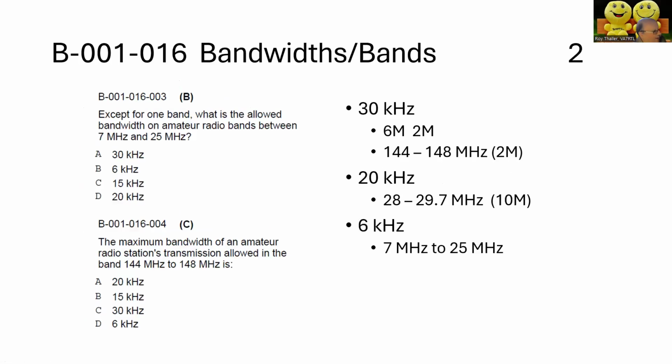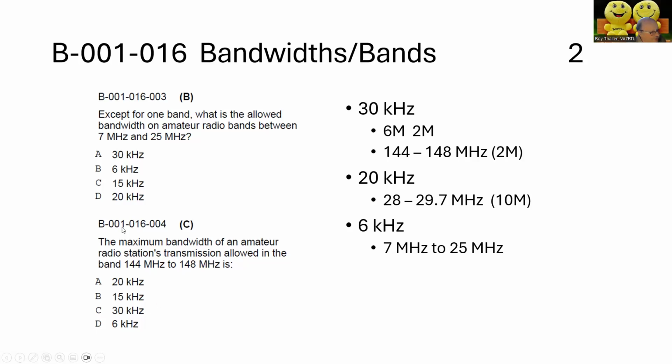In general, if you're going from 7 megahertz to 25 megahertz, the general bandwidth that you're allowed is 6 kilohertz, except for one band, which we'll get into in a second. Maximum bandwidth on VHF, 144 to 148, is 30 kilohertz.